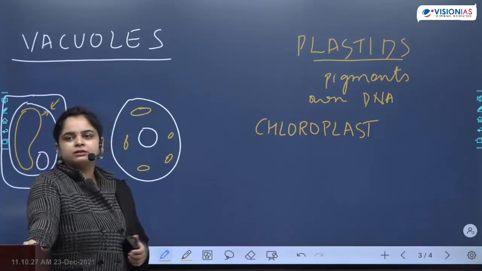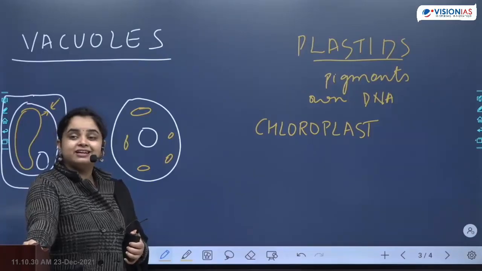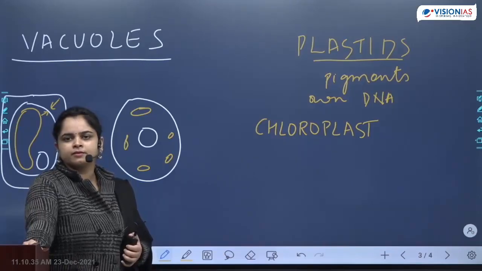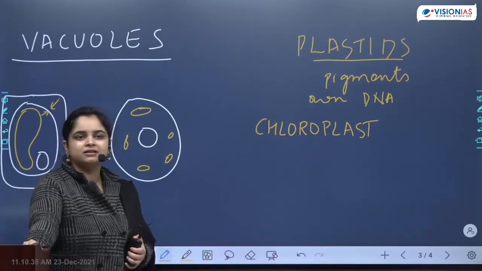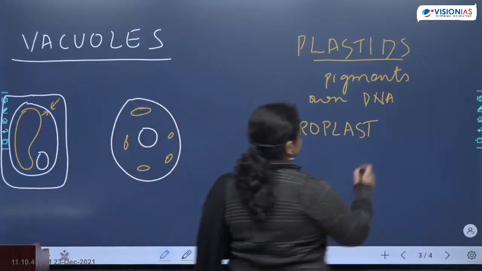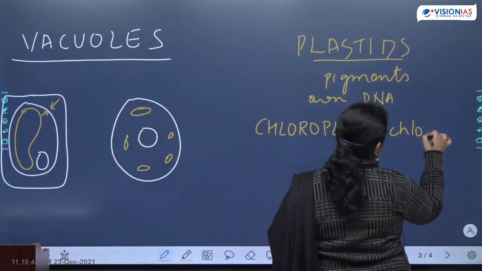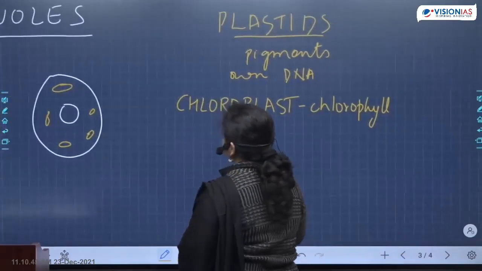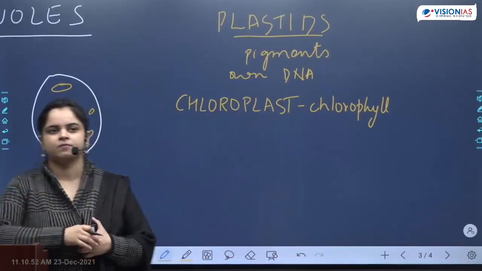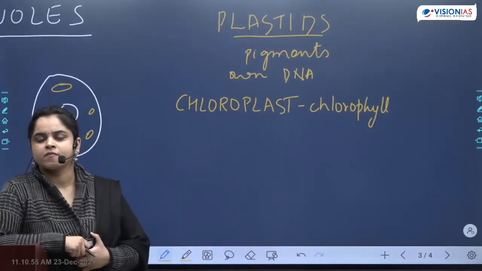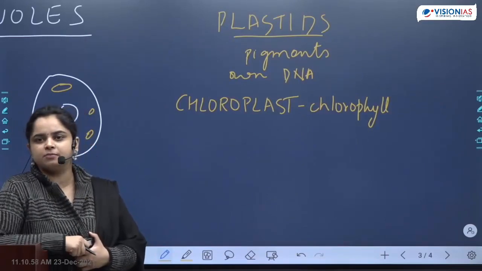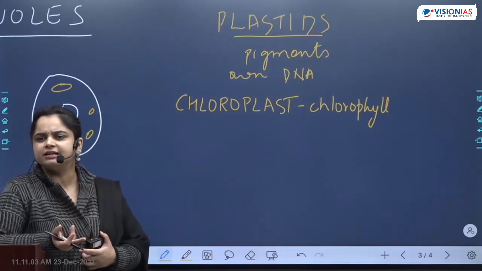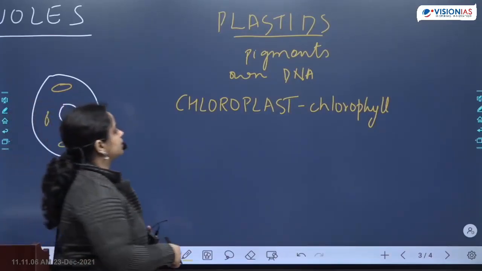It is found in the green parts of the plant and contain a pigment chlorophyll. So green parts, primarily the leaves. That's where we will have chloroplasts.